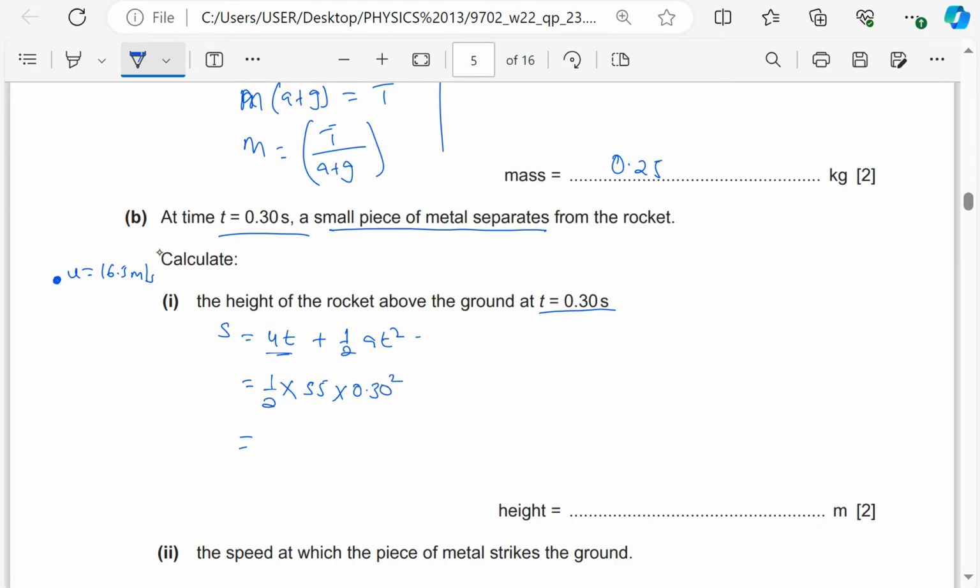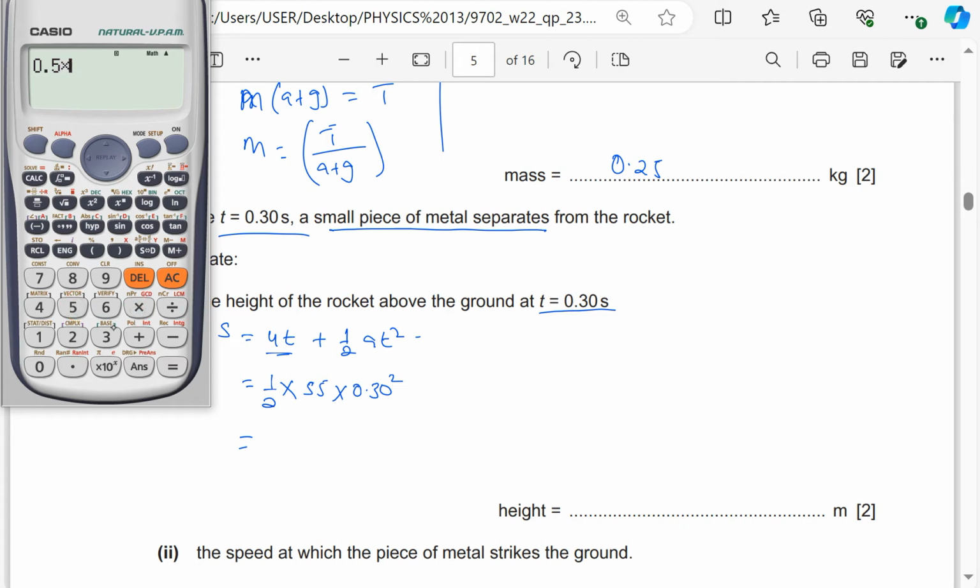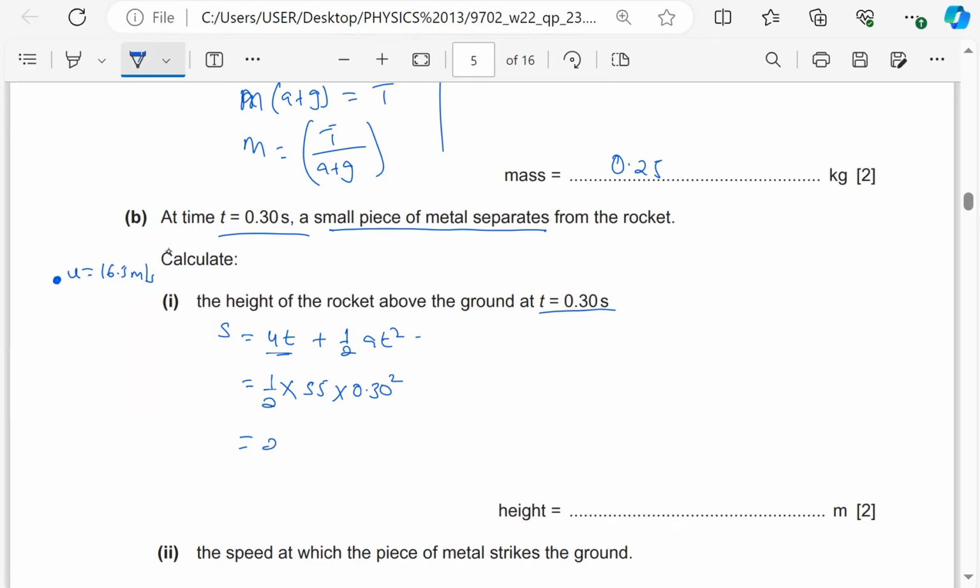So this gives 0.5 times 55 times 0.3 squared, which is approximately 2.5 meters. At the time the small piece of metal separates from the rocket, it is at a height of 2.5 meters. Alternatively, I could use the distance s to be the area under the graph.